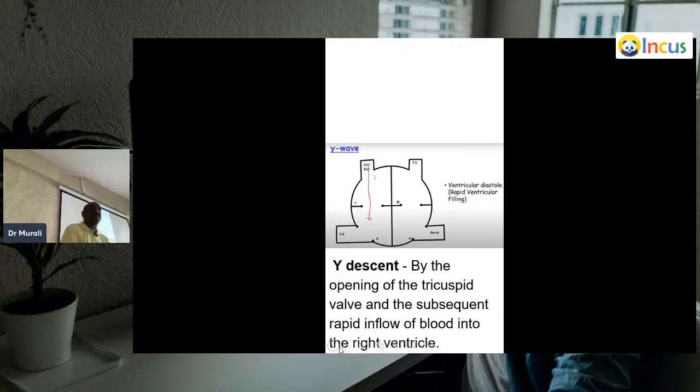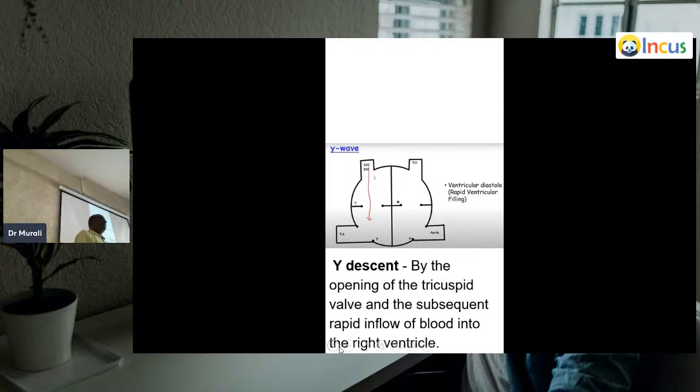Ventricular systole started. That time atria relaxed, X descent, right? Then during that ventricular systole, atria got filled with blood from great veins, so you got V wave. And ventricle finished systole. Then what will happen? Ventricular diastole will begin.